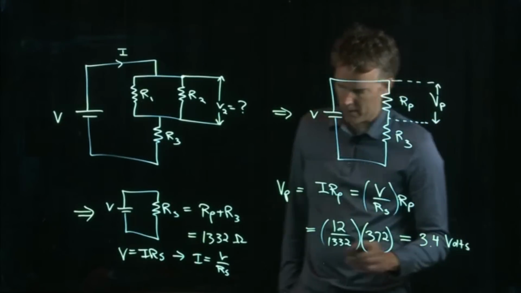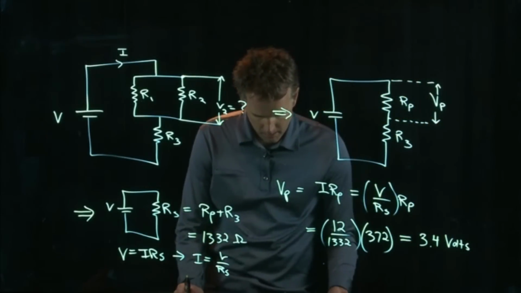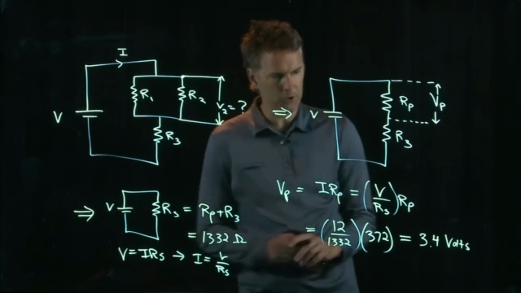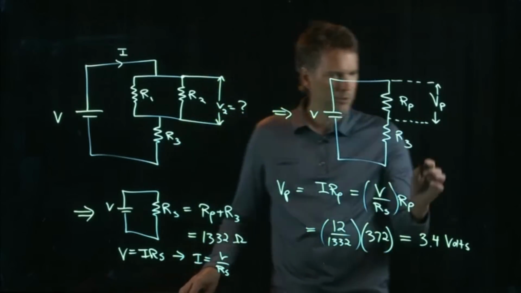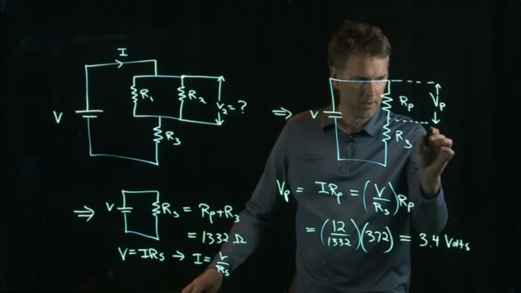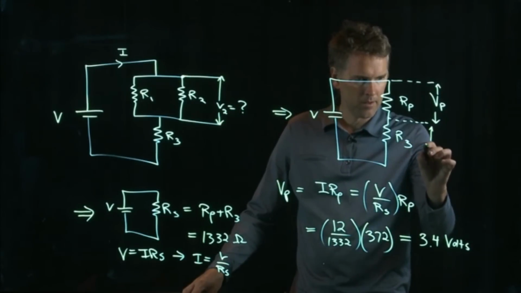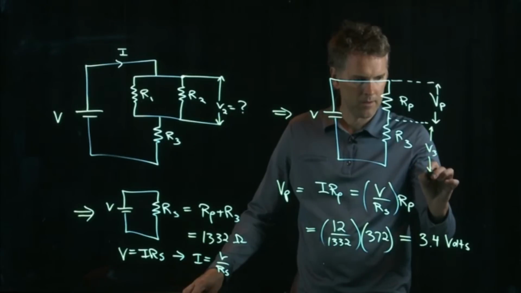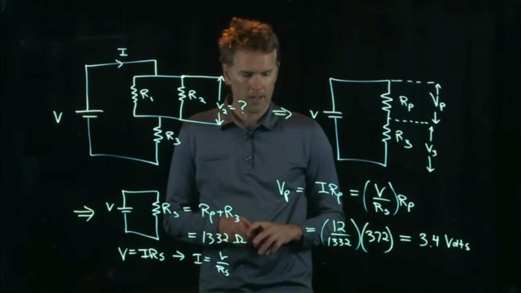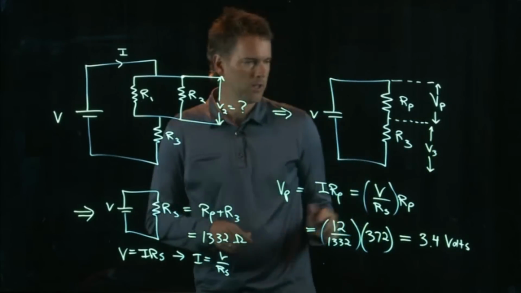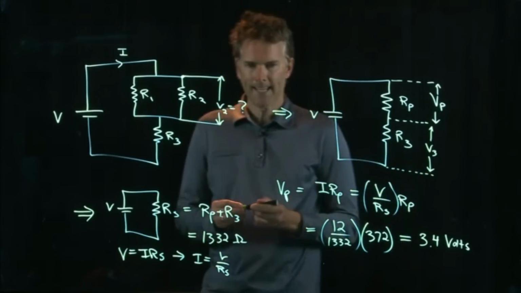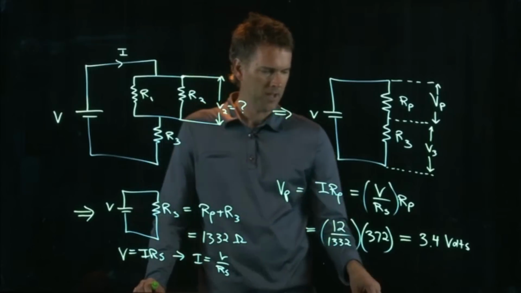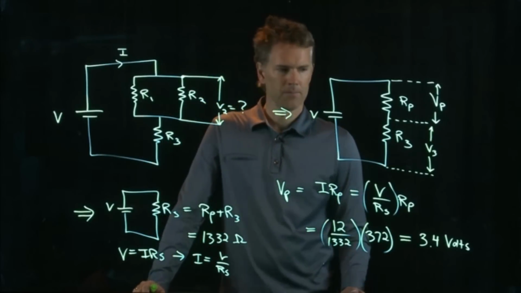The last question is, well, part C is determine the voltage across the 960 ohm resistor, which is this one right here. Okay. And at this point, you probably don't really need to do any calculation, or at least not much of a calculation.